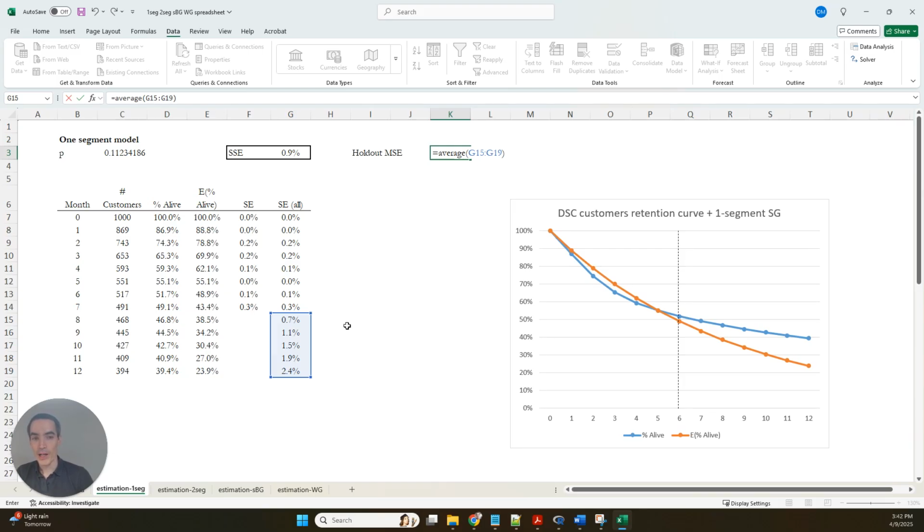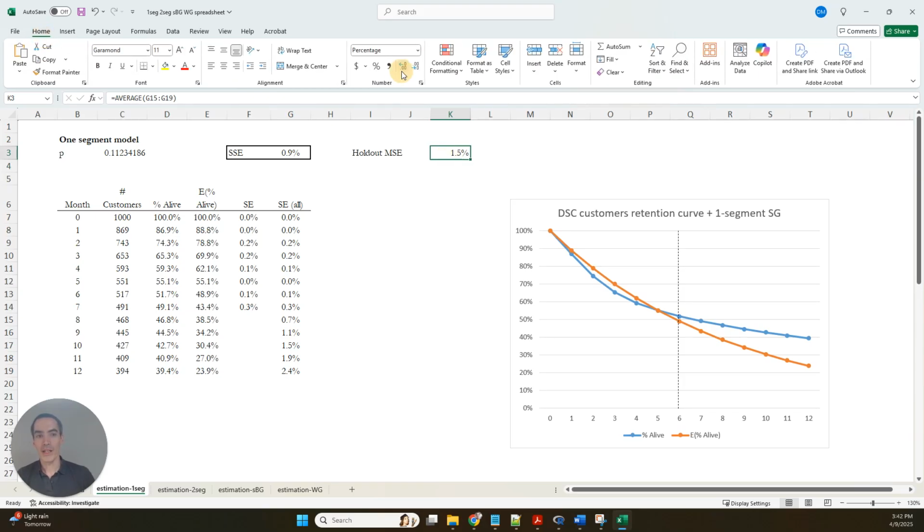And so a big question is, well, how do these models do on data that we have held out in time? And so it's a very helpful thing to focus on to evaluate how good a job a particular model is doing. So we can see here the holdout MSE for the one segment model is 1.52%.